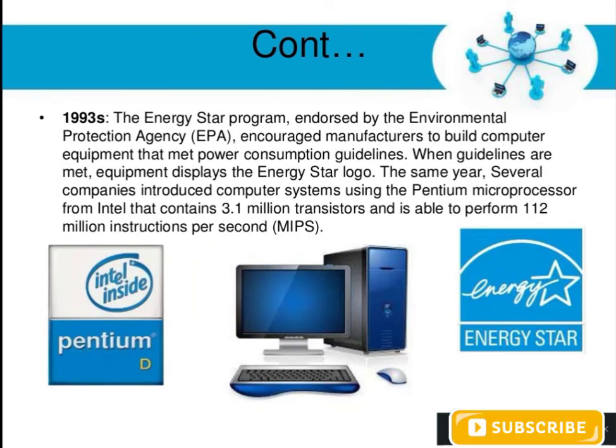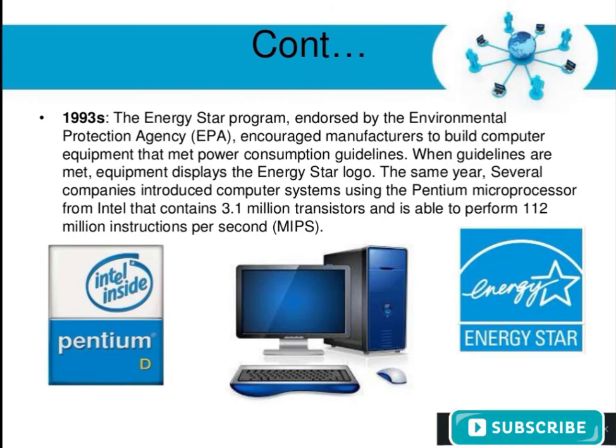Now in 1993, the Energy Star program, endorsed by the Environmental Protection Agency, that is EPA, encouraged manufacturers to build computer equipment that met power consumption guidelines. When guidelines are met, equipment displays the Energy Star logo.